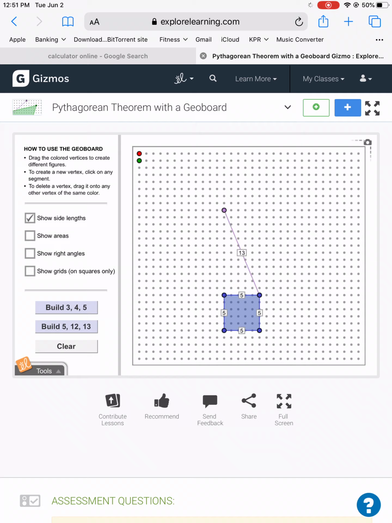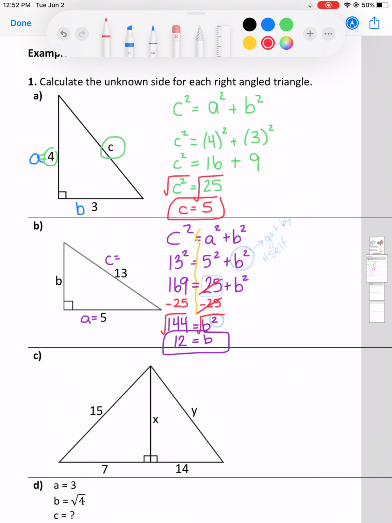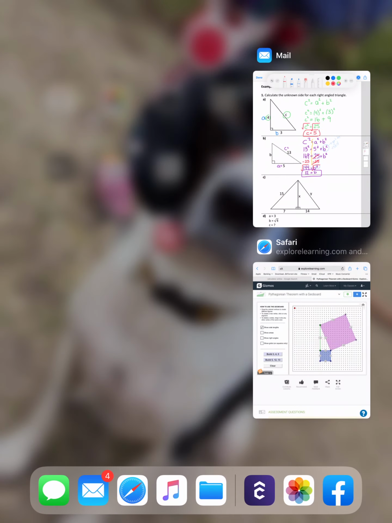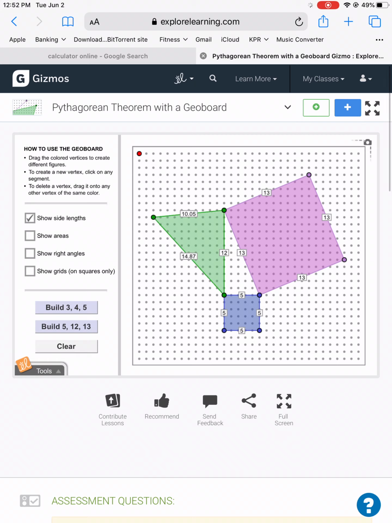There we go. Okay, so I've got my 5 box and I've got my 13 box. So for me to line this up dot to dot, it should equal 12, which it did. Sorry that I put you guys through that.